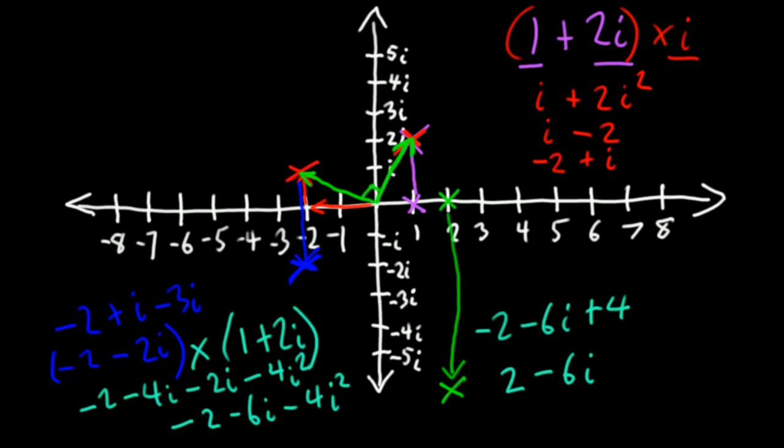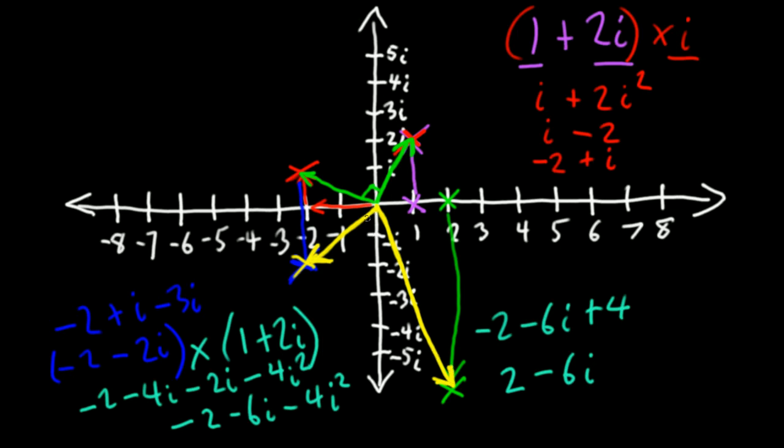And think about the geometric interpretation for a moment here. We started with this number over here, minus 2 minus 2i. And we can think of that as a vector that goes from the origin to that point. We ended up over here, this vector goes this way. And it looks like we have scaled and rotated our starting vector.